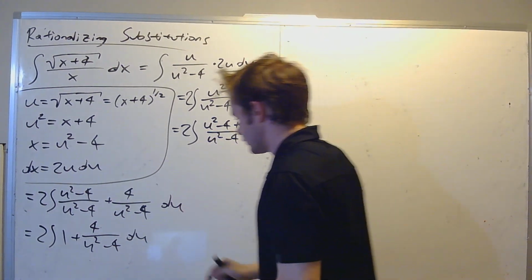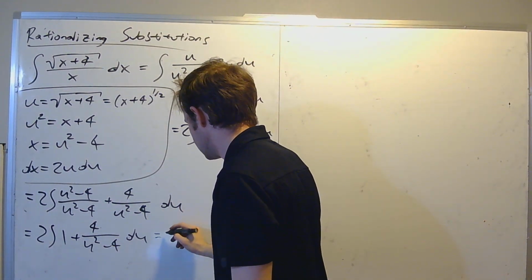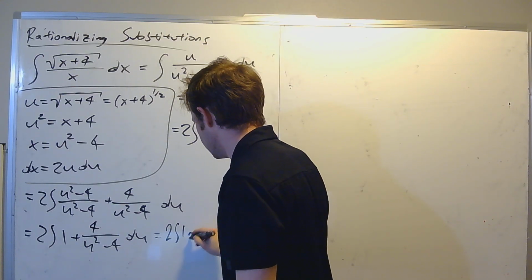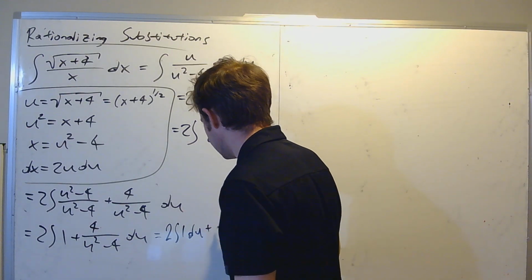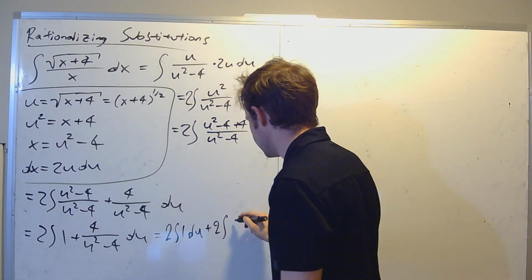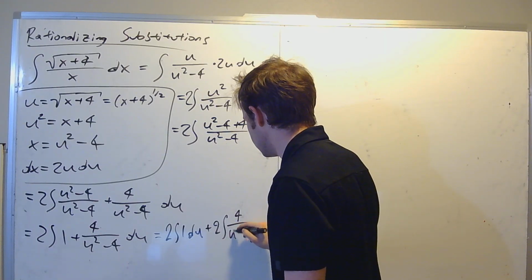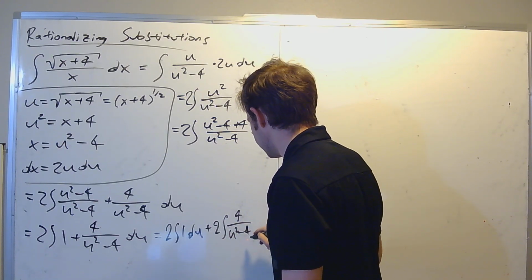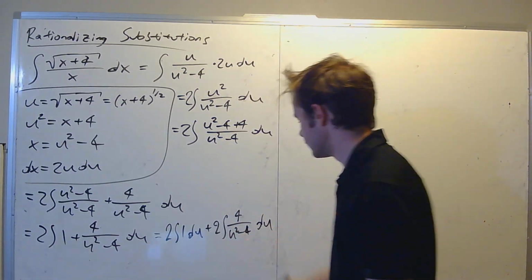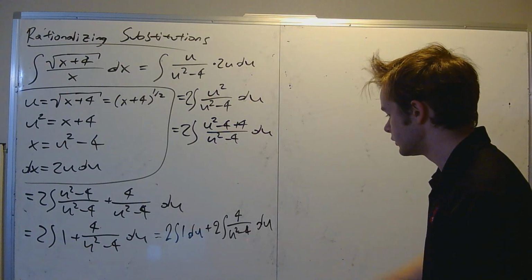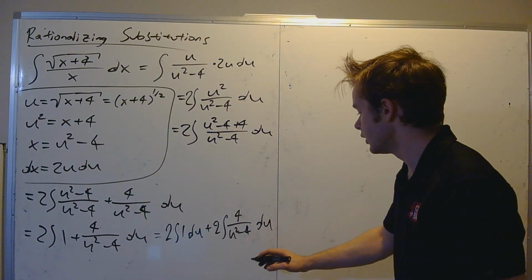So this was 2 times the integral of 1 du plus 2 times the integral of 4 over u squared minus 4 du. We're trying to figure out how to solve that integral, so we need to use partial fractions.